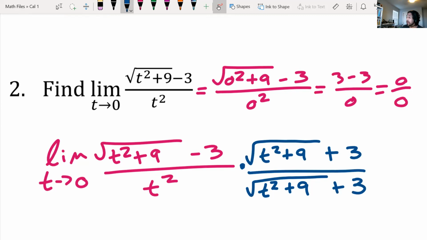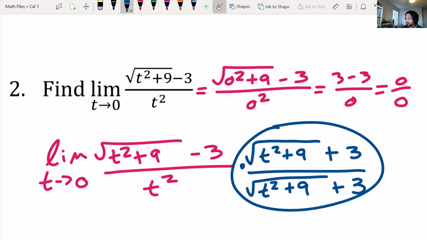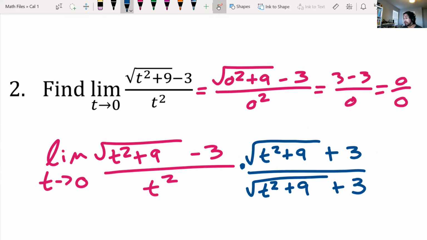Because in reality, what number is this? Anything over itself is 1. So this is how powerful 1 is. We are manipulating this limit by using a manipulation by 1. We can change 1 into anything we want. And 1 is now going to be turned into the conjugate of the numerator.